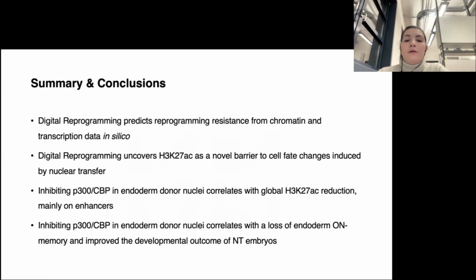And when we inhibited P300, we could see that this led to global K27 acetyl reduction, mainly on enhancers. And with this, we could observe that there was a loss of on-memory and improved developmental outcome of NT embryos.